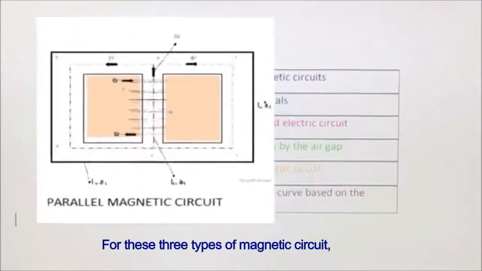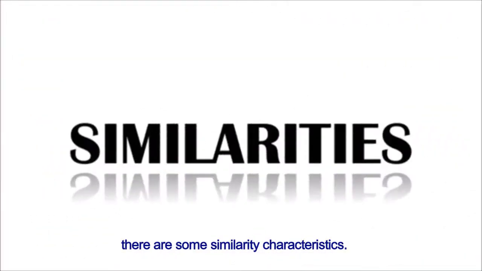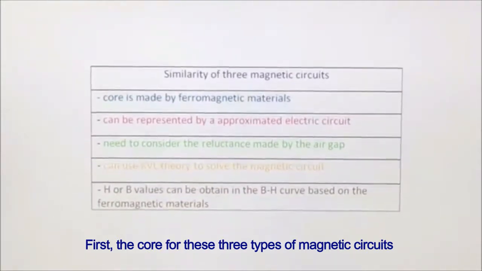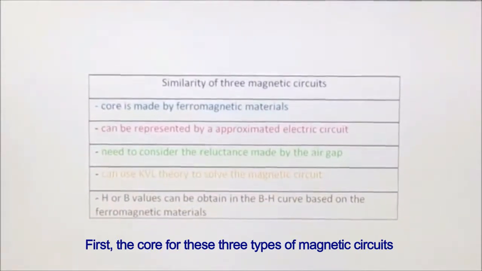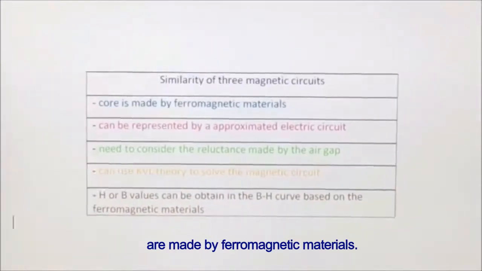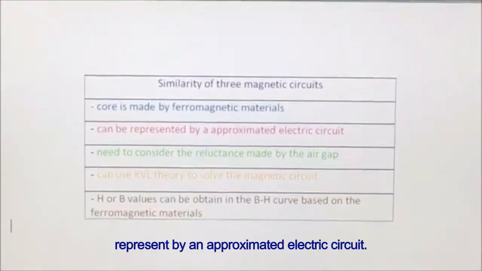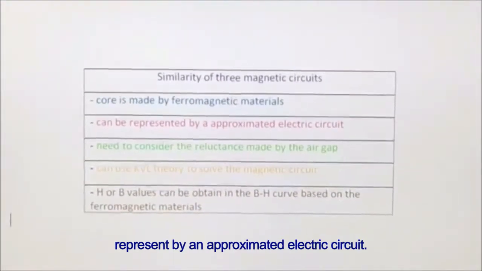For these three types of magnetic circuit, there are some similarity characteristics. First, the core for these three types of magnetic circuit are made by ferromagnetic material. These three types of magnetic circuit can be represented by an approximate electric circuit.